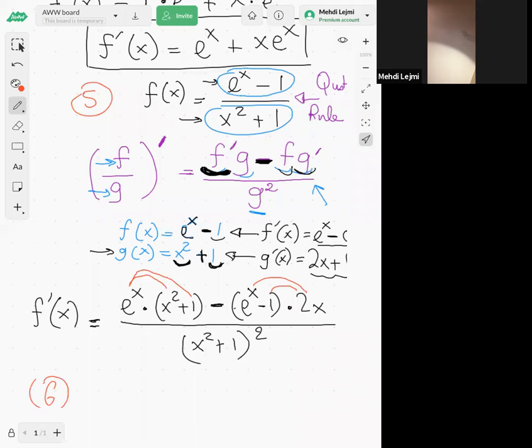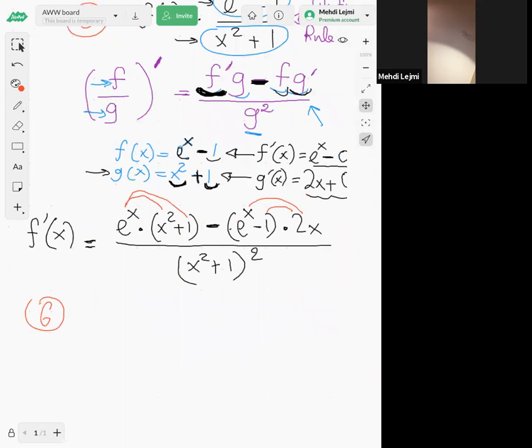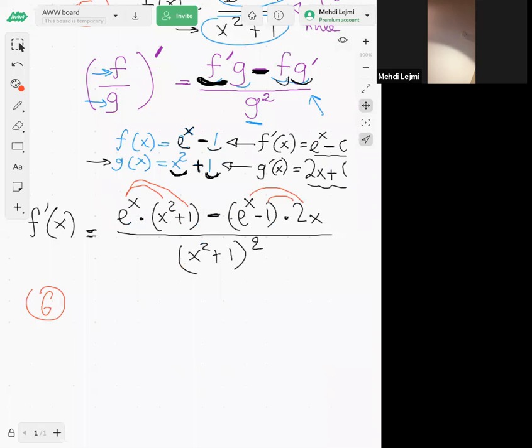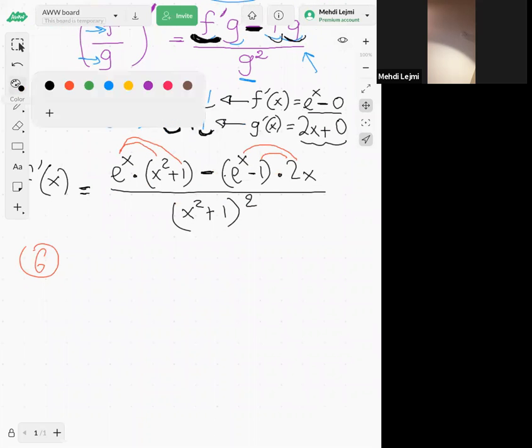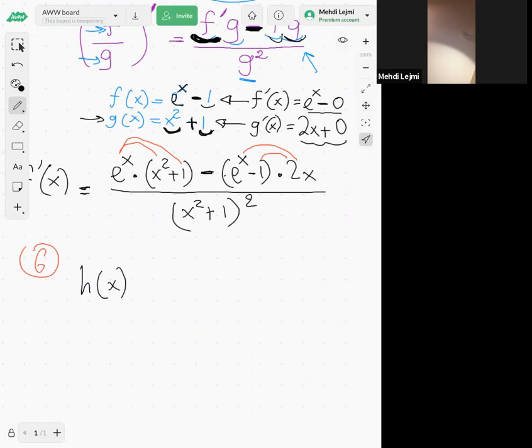Okay, so a last example, example 6. Let's take the following function. Let's call this function h of x. And let's say h of x is e to the x squared minus x. Here, guys, you have to understand this function h.